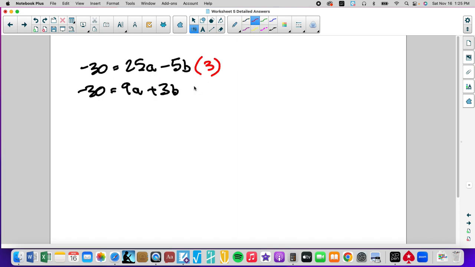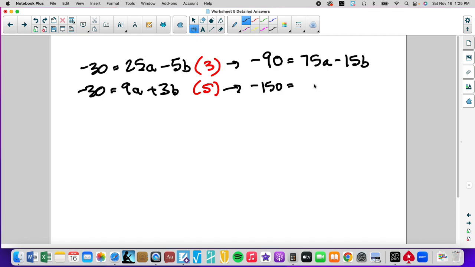We can multiply this by 3 and this by 5, and the new equations are going to be -90 equals 75a minus 15b. This new equation is going to be -150 equals 45a plus 15b.